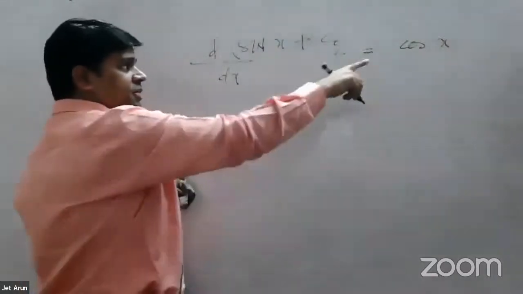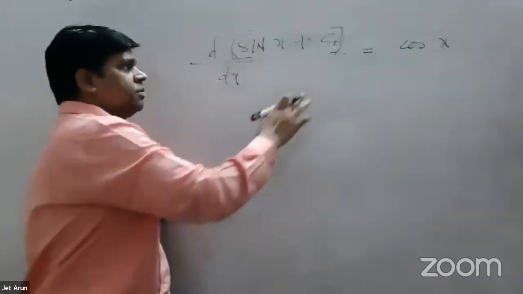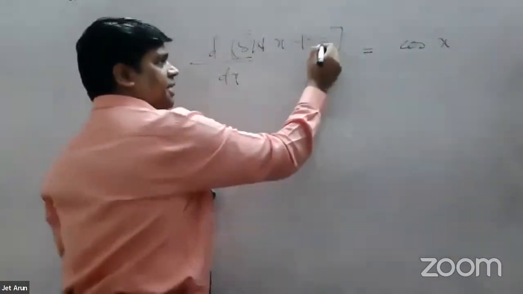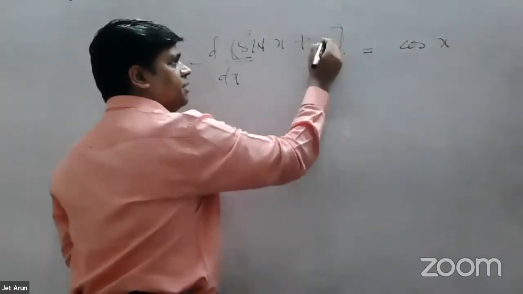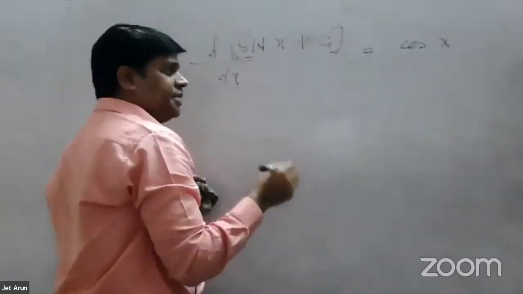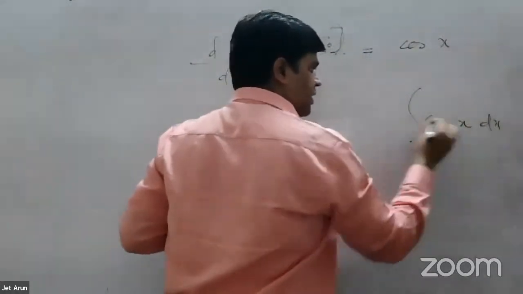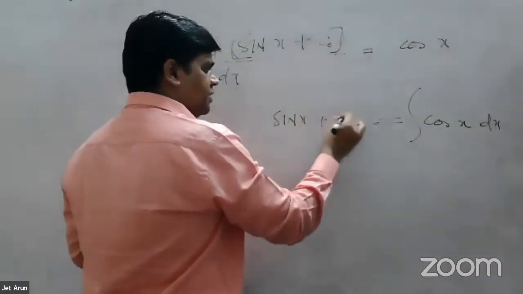That means integral of cos x can be sin x plus c also. If I say it is 2, it can be sin x plus 2 also. It can be sin x plus 3 also. It can be sin x plus 4 or any real number. I can represent it by c. So integral of cos x dx is equal to sin x plus c.